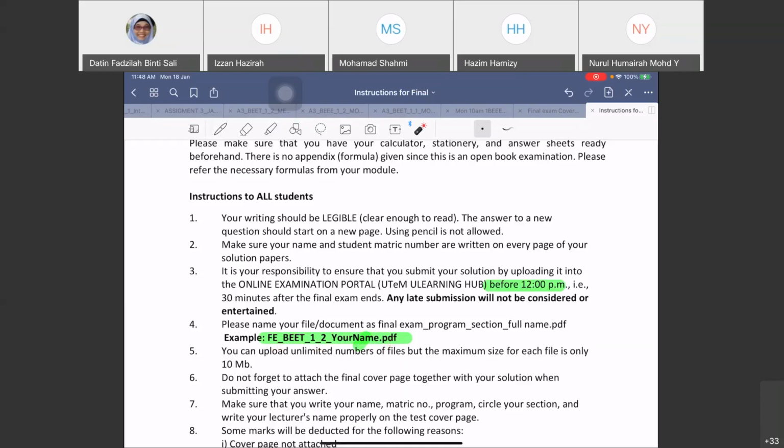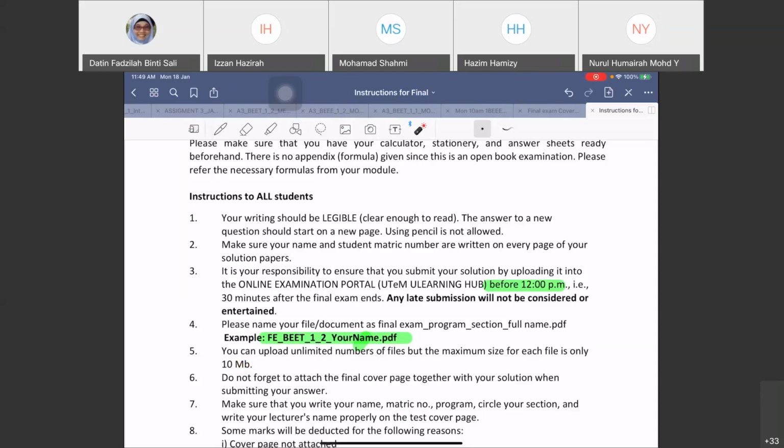You can upload an unlimited number of files, but the maximum size for each file is only 10 megabytes. In case some people use a lot of papers, but I'm not so sure how many. I think if you combine everything in PDF, the size is still small.